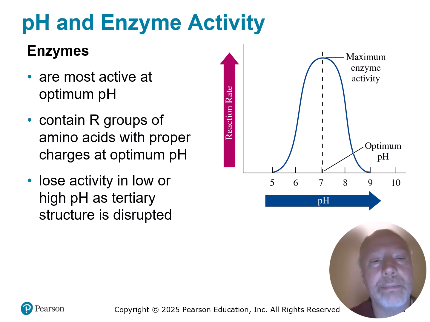The R groups of the amino acids must have the proper charge and be in the optimal pH to perform properly, because in the active site, the substrate will bind, and the pH can affect those R groups and the active site if easily accessed by the media. So we lose activity in low or high pH as tertiary structures can be disrupted.